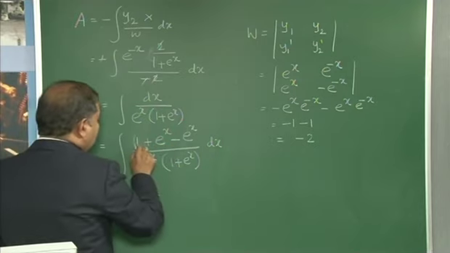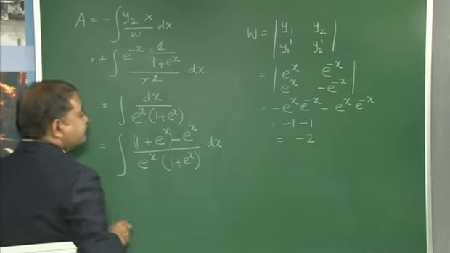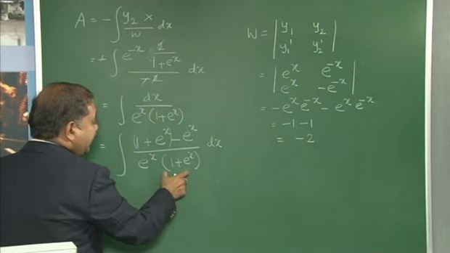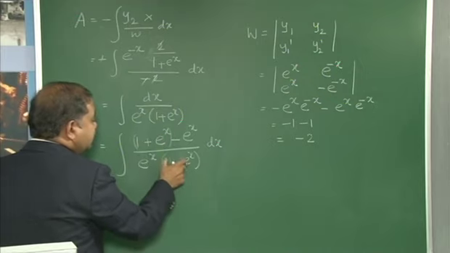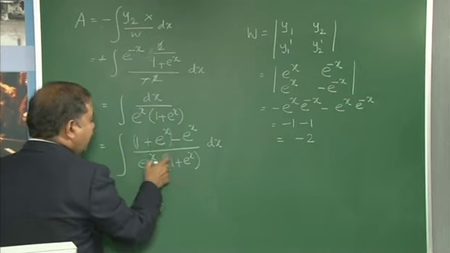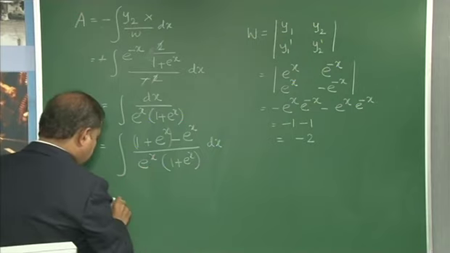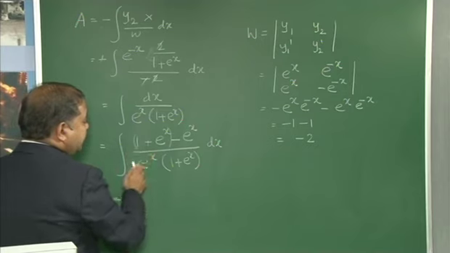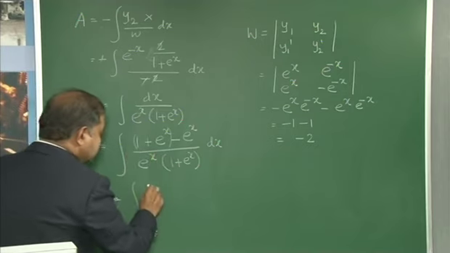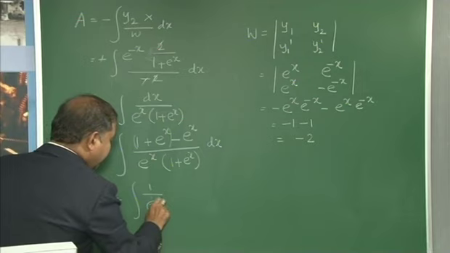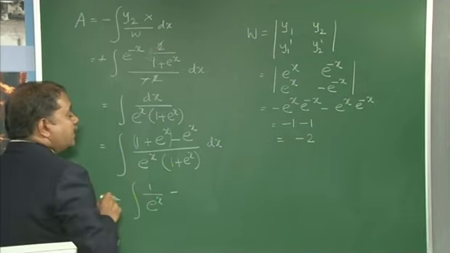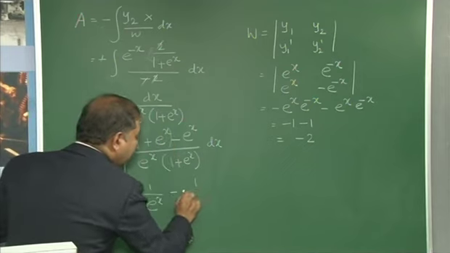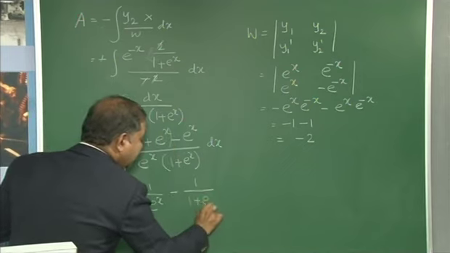If I make the group like this, what happens? This divided by the denominator, this 1 plus e power x gets cancelled, I will get only e power x. What happens? Integral, this divided by the denominator, this gets cancelled, I will get only 1 by e power x, minus, now e power x gets cancelled, 1 by 1 plus e power x.